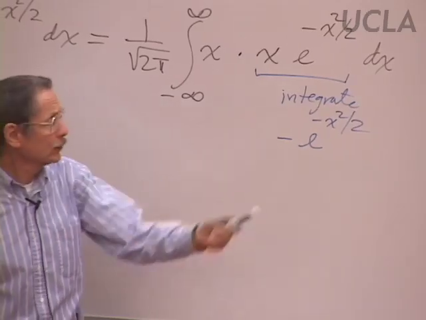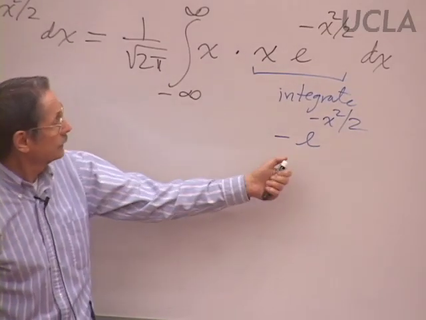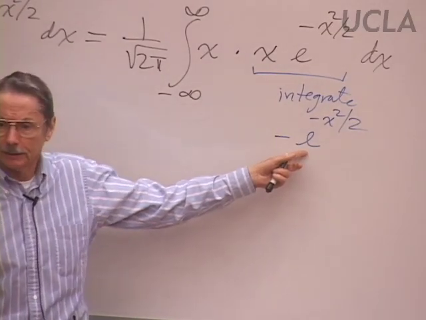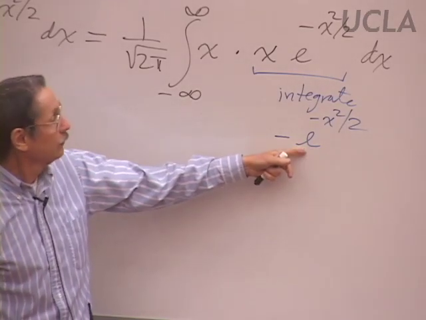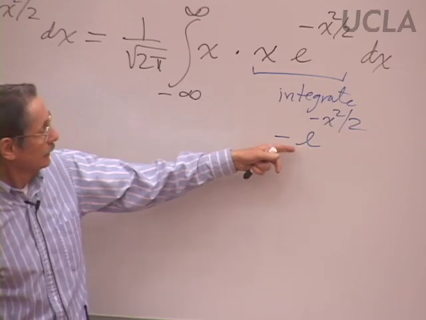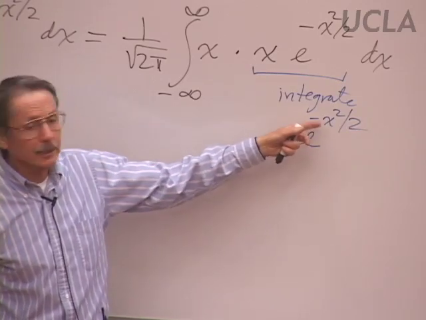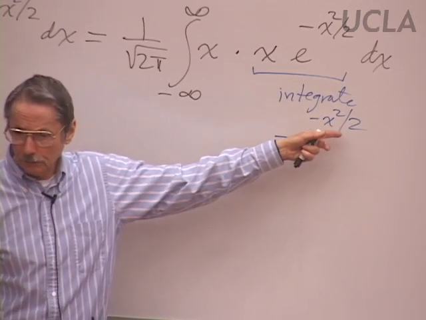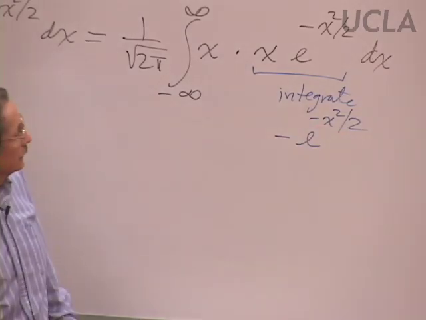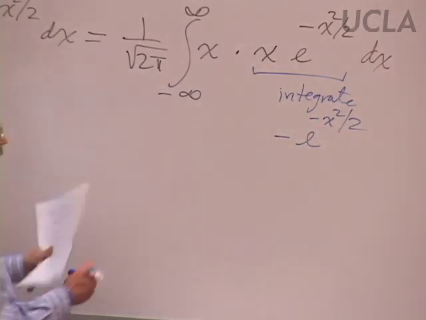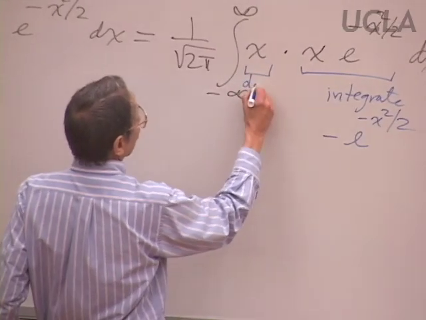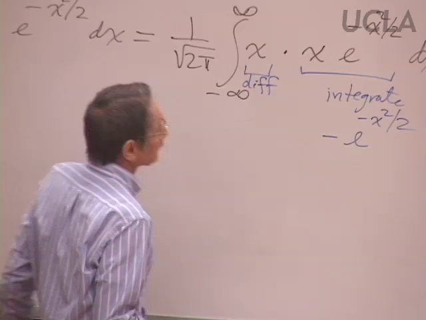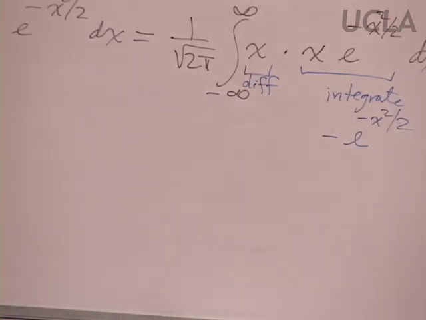We worked it out over there, but we can check quickly by differentiating. The derivative of this, we get minus e to this exponent, and then we apply the chain rule. We get that minus x. So we can integrate that second half, and then integration by parts lets us differentiate away the first factor.